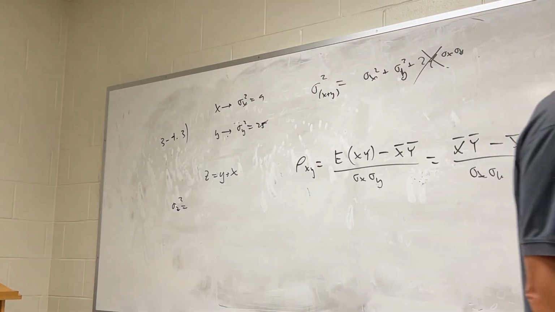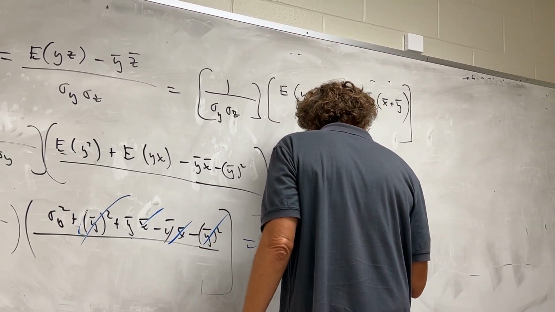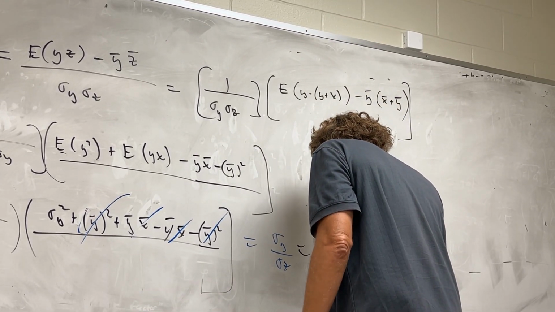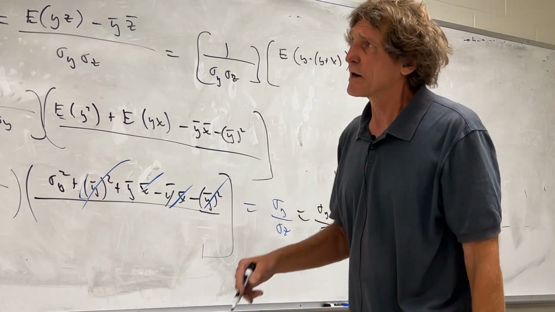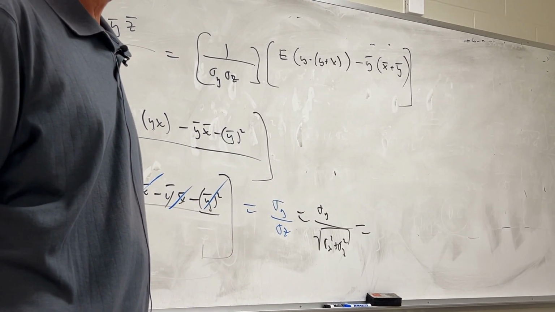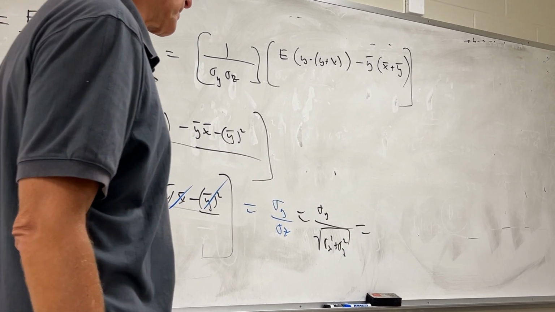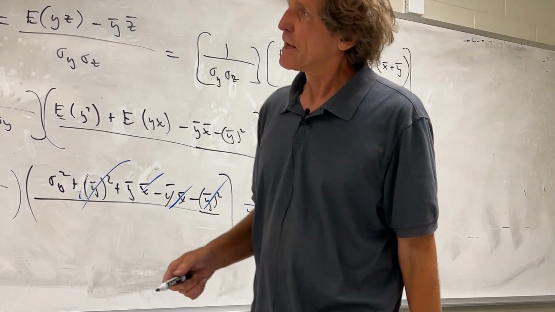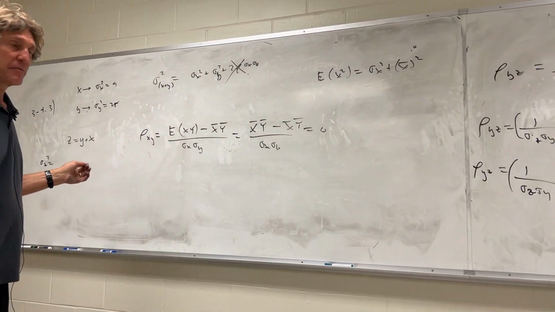All right, so this is really going to be equal to what? Well, we got sigma y, and sigma z is just equal to the square root of sigma x squared plus sigma y squared. Can you tell me what that is? So sigma y is what? It's 5.